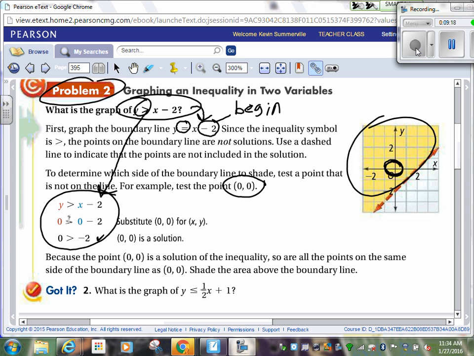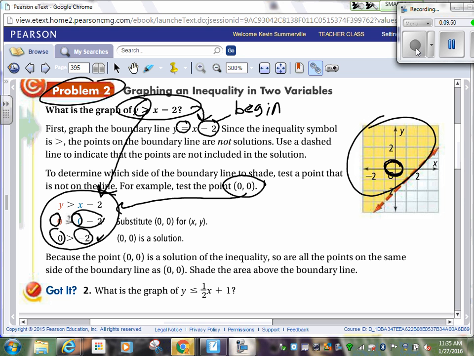So they took this 0, 0, and like you guys said, substituted that into the inequality. And what they found out was this. You put 0 in for the y, 0 in for the x, and you solve it. 0 minus 2 is negative 2. Bring it down to 0. Now you have to answer this question. Is 0 greater than negative 2?